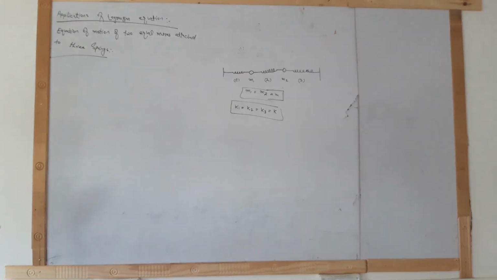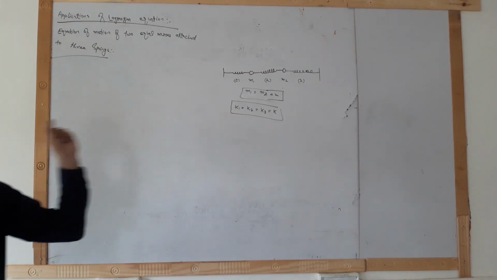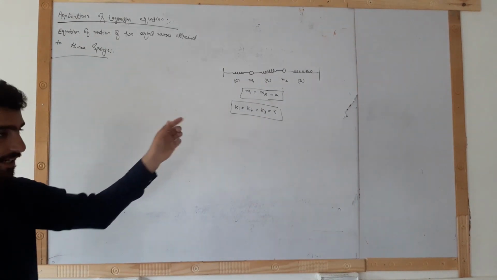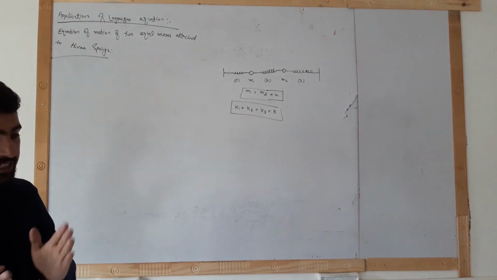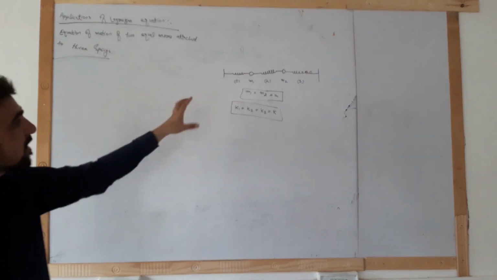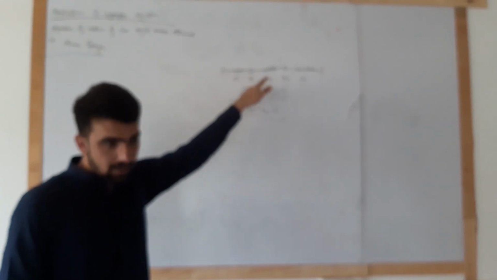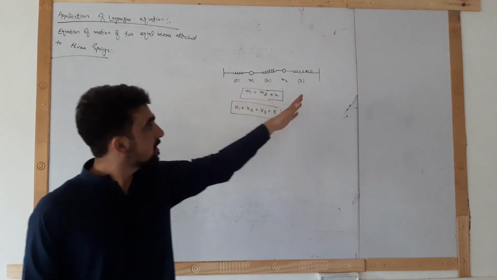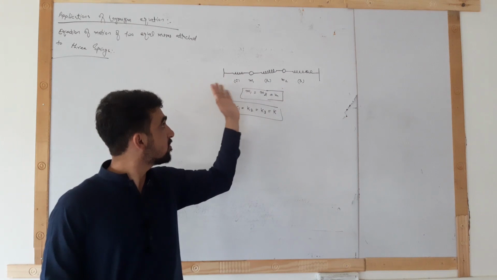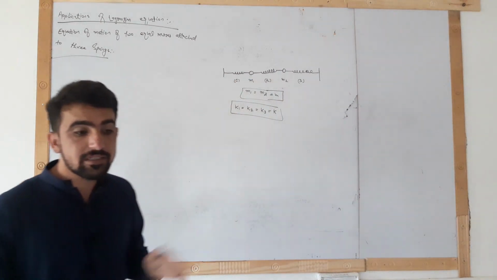Now let us assume that we stretch the spring 3. By stretching spring 3, we are going to relax springs 2 and 1, and when spring 3 relaxes, springs 1 and 2 are going to stretch.